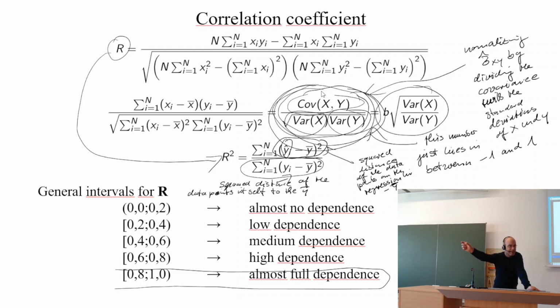If I take at first x minus x bar or y minus y bar, this doesn't matter because the multiplication is a so-called abelian group.